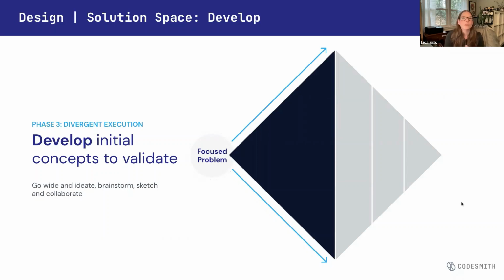We really want to come up with as many ideas as possible in this phase. And the key activities are collaboration and exploration with the client, with each other, just come up with as many ideas as possible, and then we can start whittling things down in the next phase.